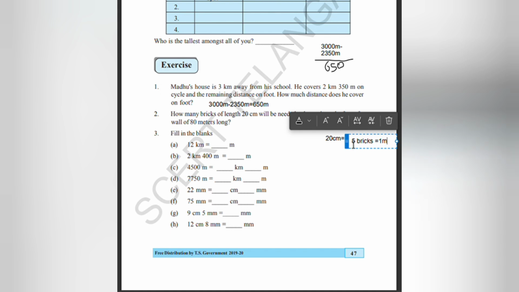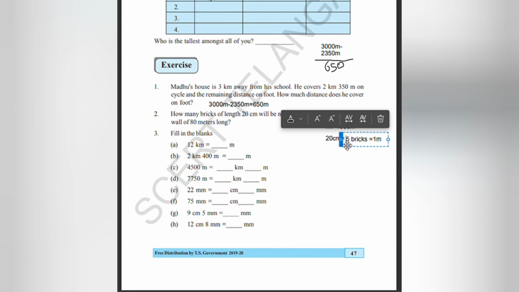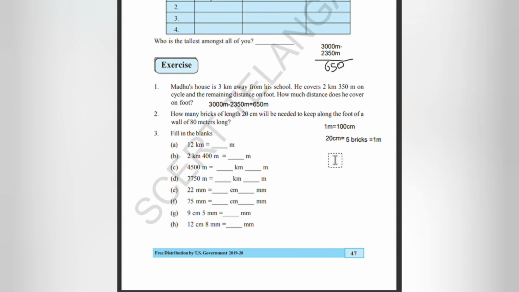For 1 meter. How is that? 20 into 5 is equal to how much? 20 into 5 equal to 100. So, 5 bricks are necessary for 1 meter.